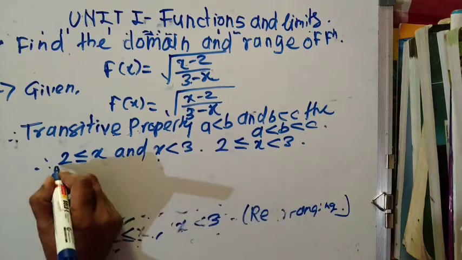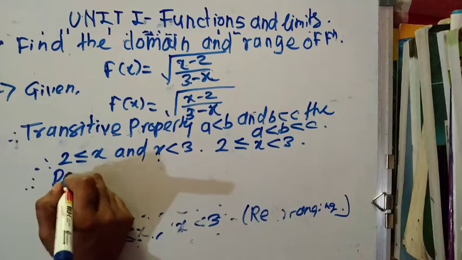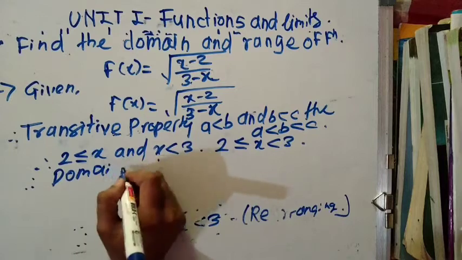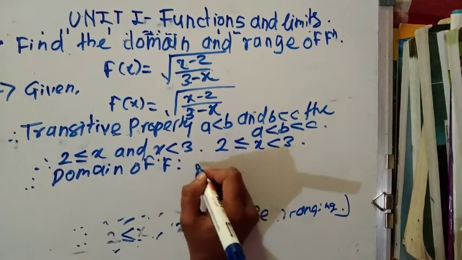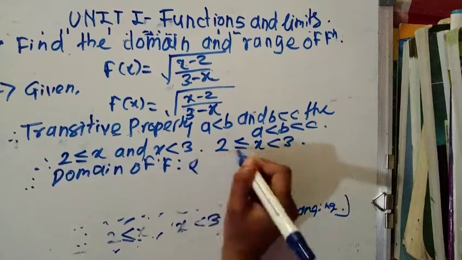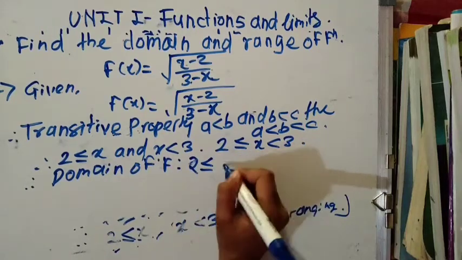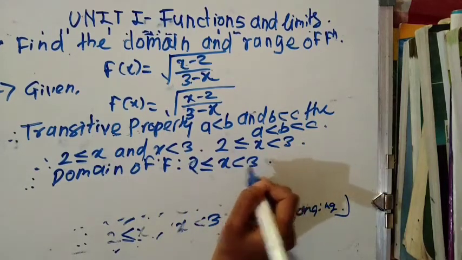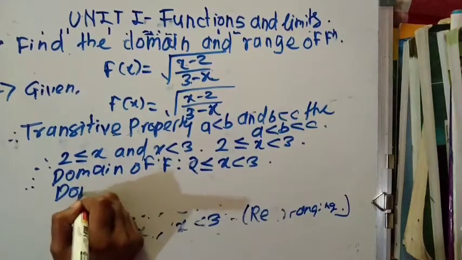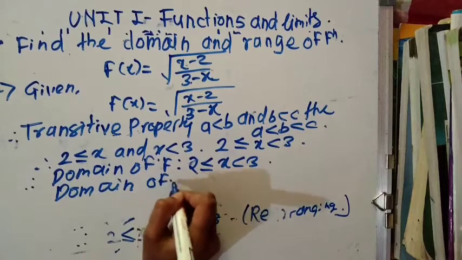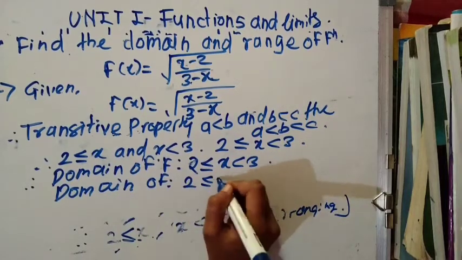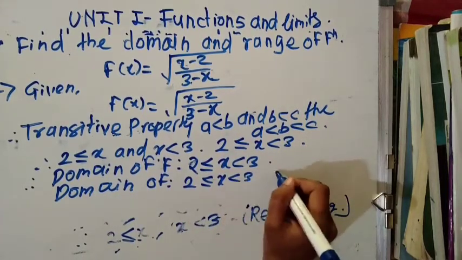It is the transitive property, hence the domain of f is 2 less than or equal to x less than 3.